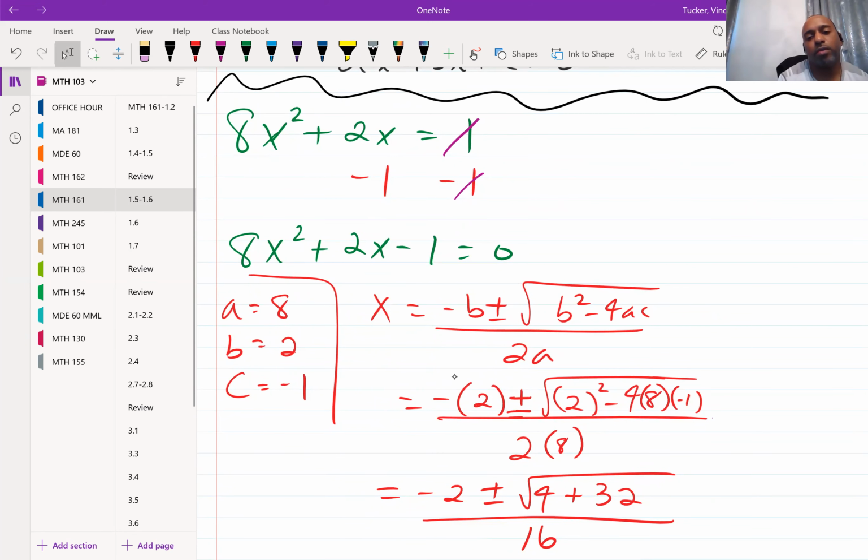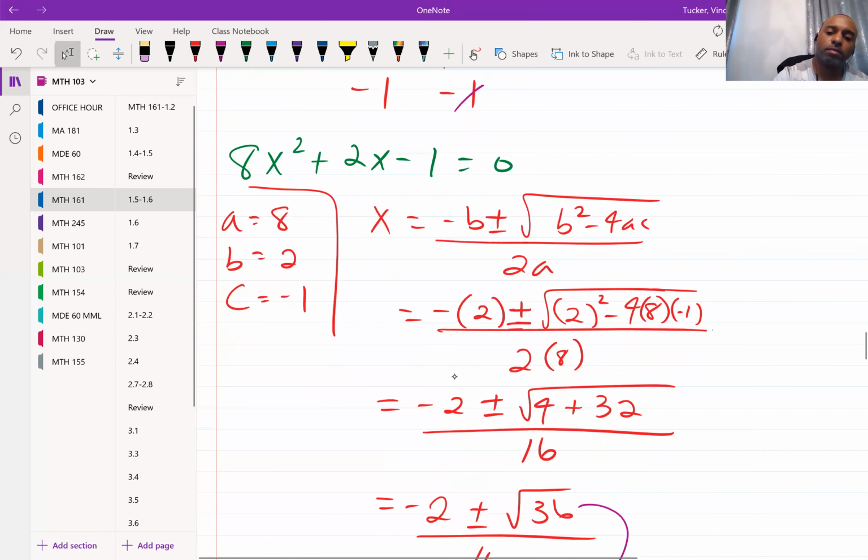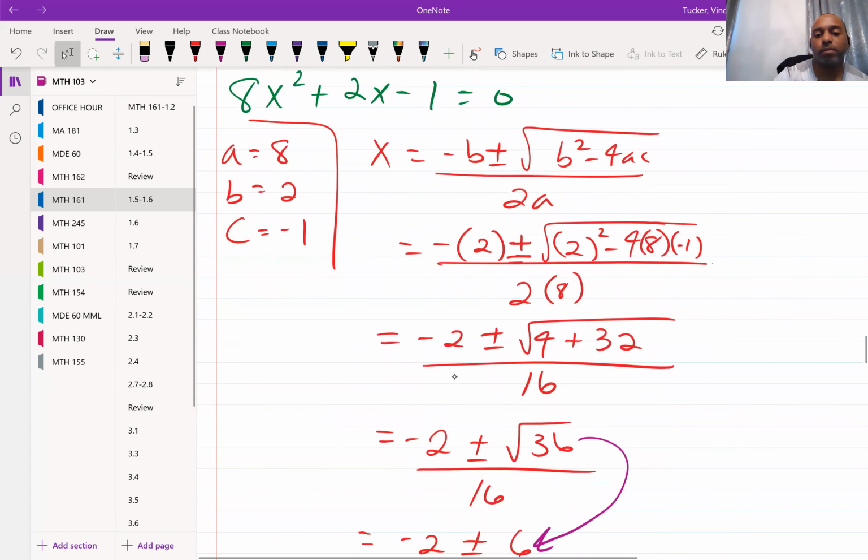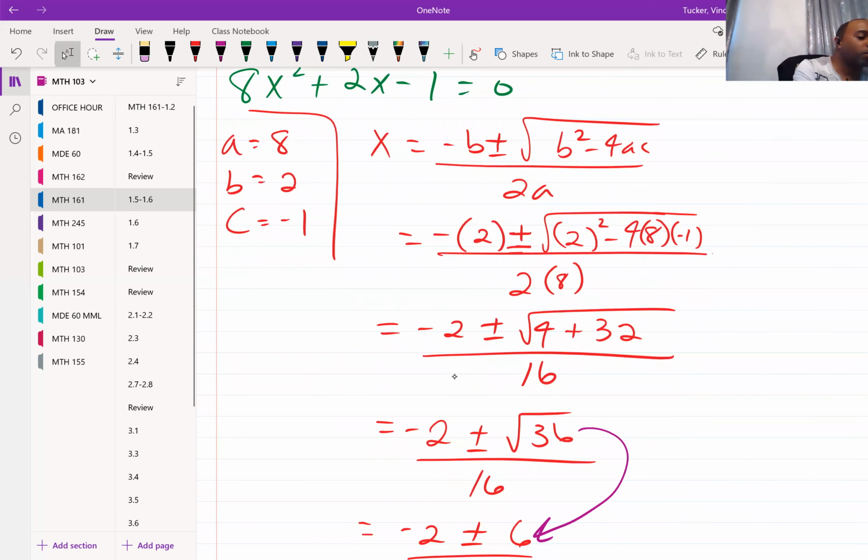Under the radical, 2 squared is 4, and -4 times 8 times -1 is positive 32. Four plus 32 is 36. Square root of 36 is 6.